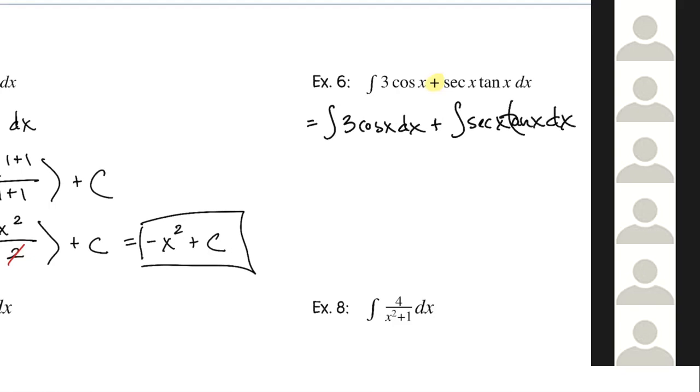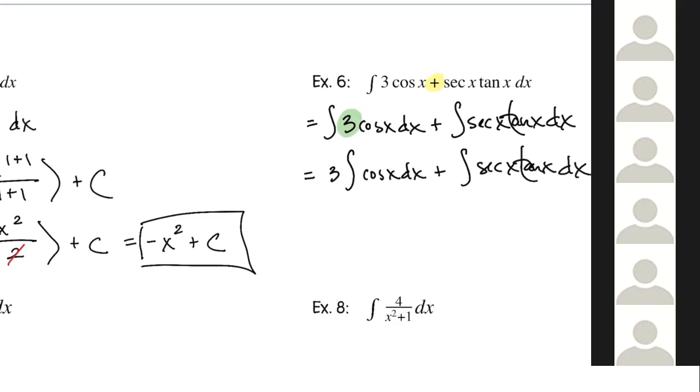Okay. All right. And when we further simplify here, we might notice there's a constant that I can pull out. So I get 3, the integral of cosine x dx, plus the integral of secant x tangent x dx.